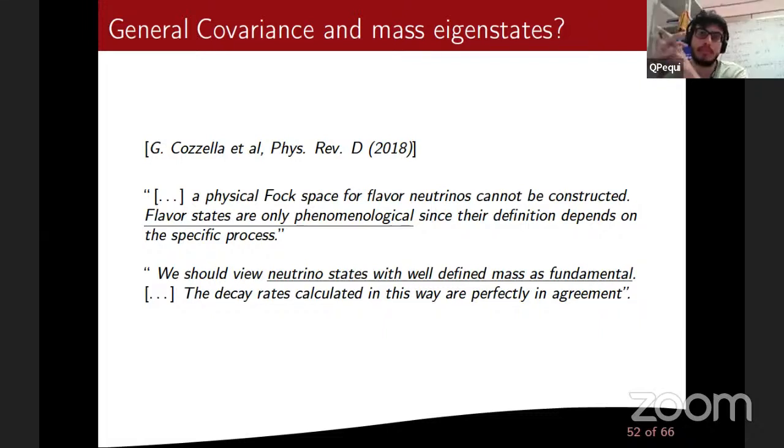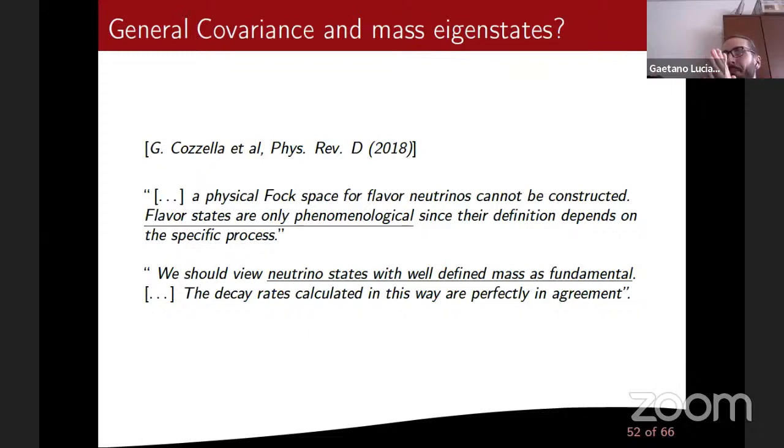So this is one of the main arguments in that paper. And so they use the massive states. They say that the neutrino state is in some sense related to the process you are considering, but this is quite hard because we need a definition which is in some sense universal. It cannot depend on the specific process.